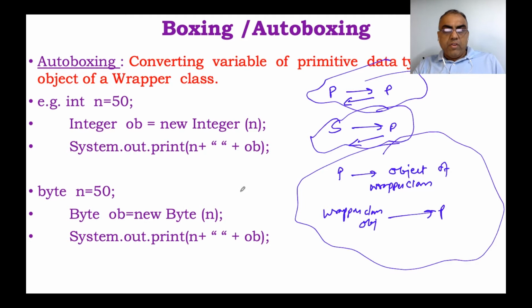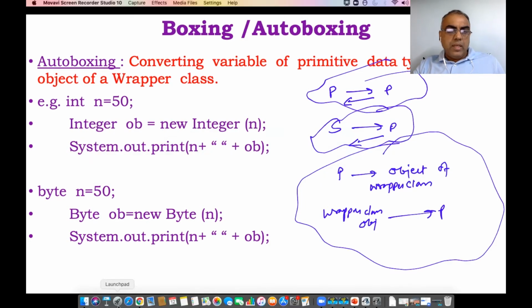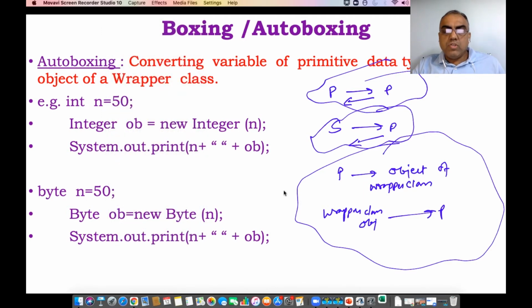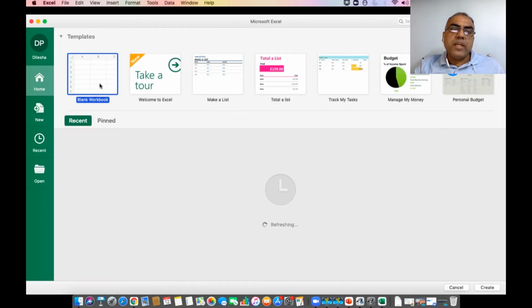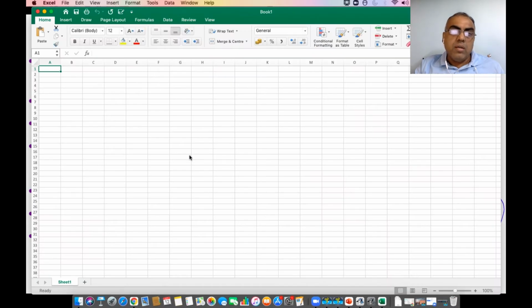Like if I take you, let's say, to MS Excel. Okay, so we have MS Excel over here. I'm just creating a small sheet to show you how a set of data can be taken as an object, and a particular function or process can be applied. So I'm just taking some numbers.